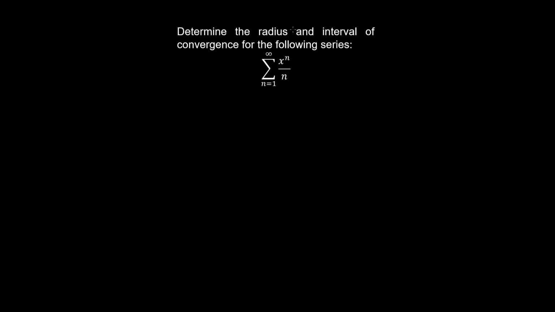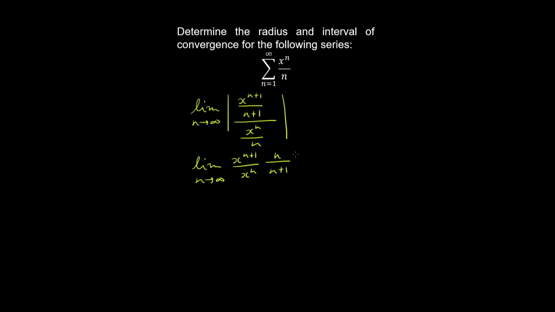Let's find the radius and interval of convergence for the following power series. And again, checking for absolute convergence using the ratio test. So taking the ratio of the next term in the series to the current term in the series. And doing a bit of algebra, and because n is positive, we can take the absolute value of x outside the limit.